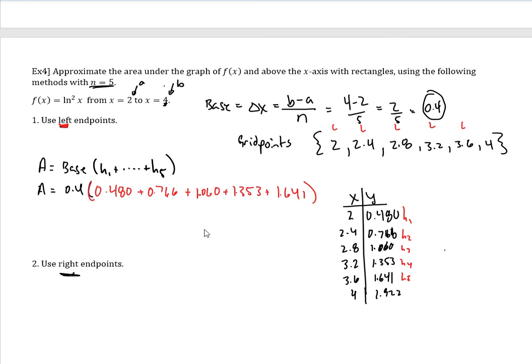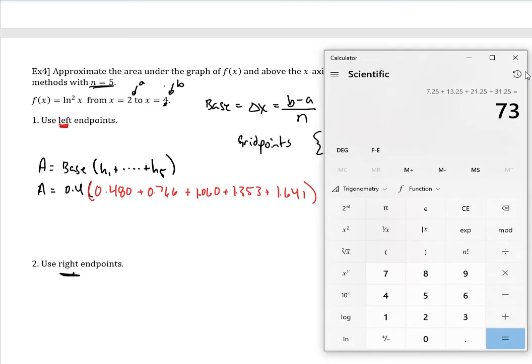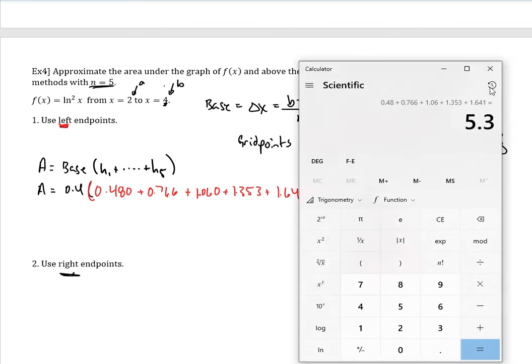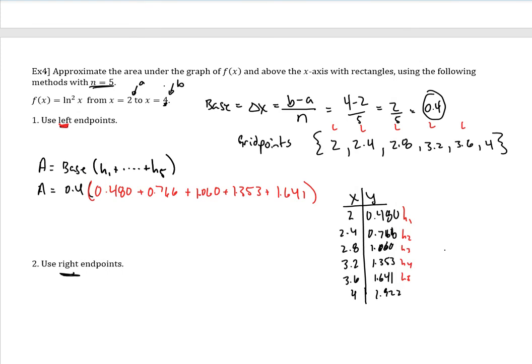Okay, and so now we can add these up, and again, I'm just going to use my calculator to help us in this problem so we can do it without mental math. Okay, so I have 0.480 plus 0.766 plus 1.060 plus 1.353 plus 1.641. Okay, so it's 5.3 when it all got added up.